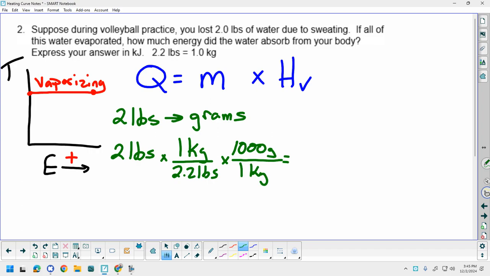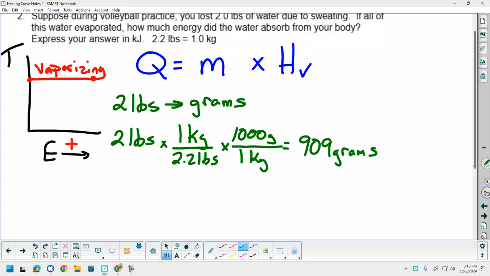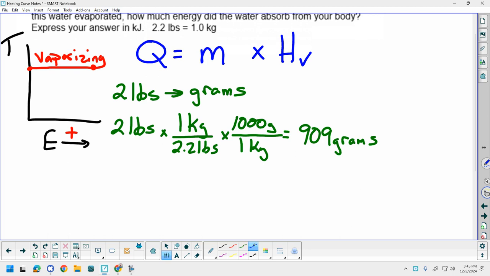And if I do all of that, I should end up with 909 grams of sweat. Now I can put that in for my mass and solve my problem here.